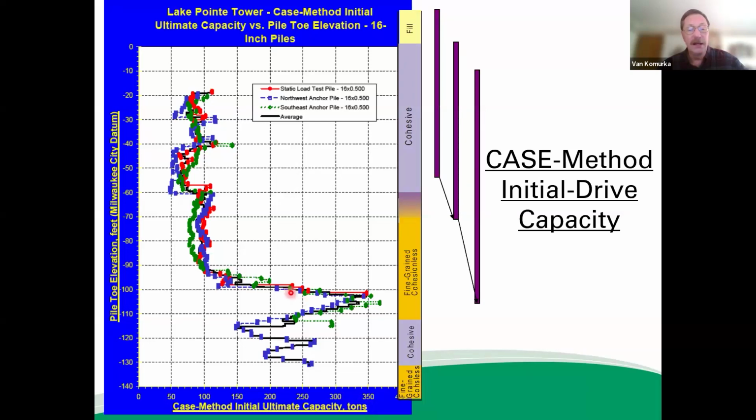And you can see that, again, we hit that hard layer at minus 105, and the resistance that we have to overcome to get through that layer is as much as 350 tons. And then it drops off and it's, again, layered below that. But not much of a resistance to overcome above that, 100 tons for most of the driving depth down to that hard layer.